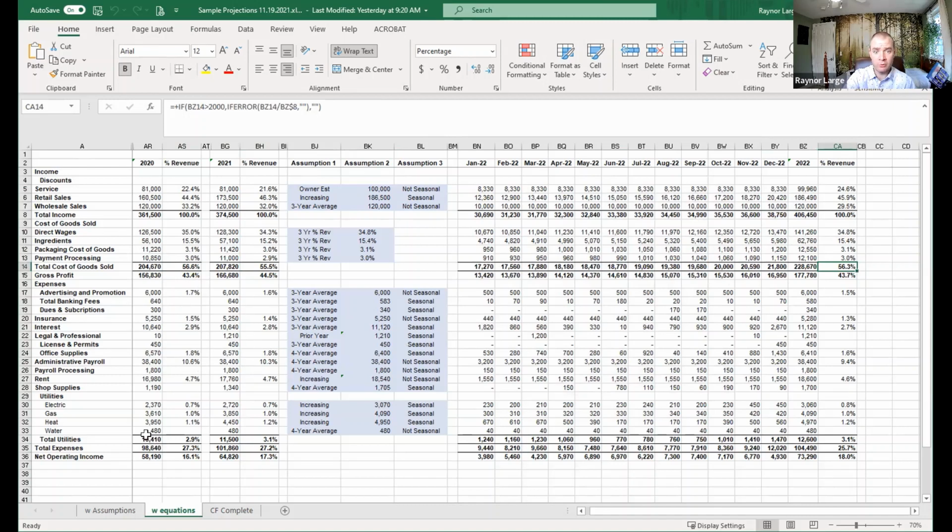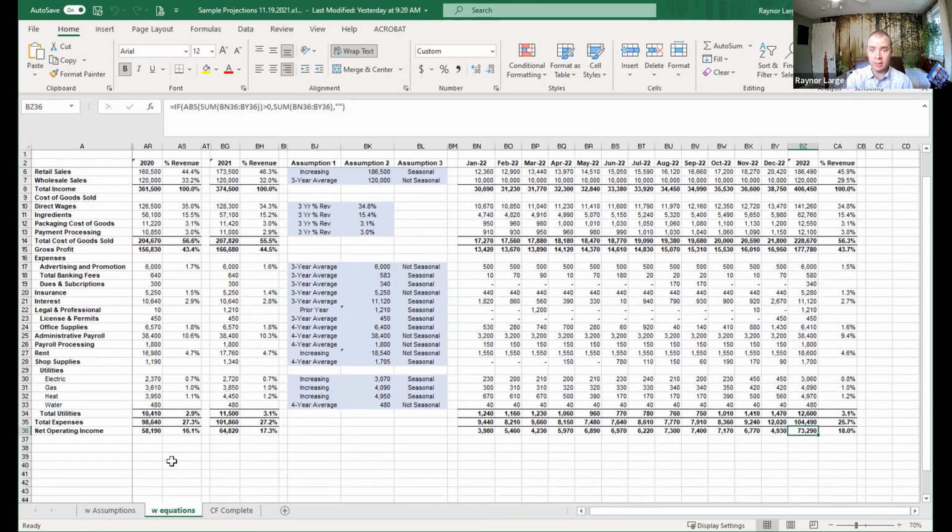And my overhead costs went from 98 to 101 to 104, so slightly up over prior year. But with the increased revenue and controlling my cost of goods as a percent of revenue, I'm putting more to the bottom line. So I went from 58 to 64 to 73. No dramatic changes, more or less in line.